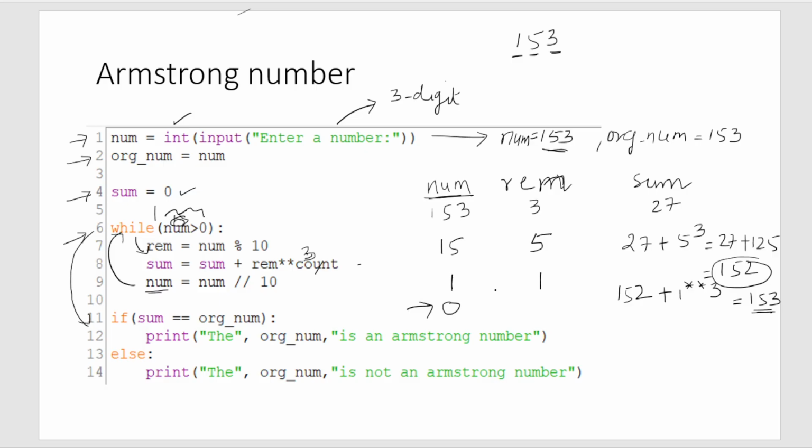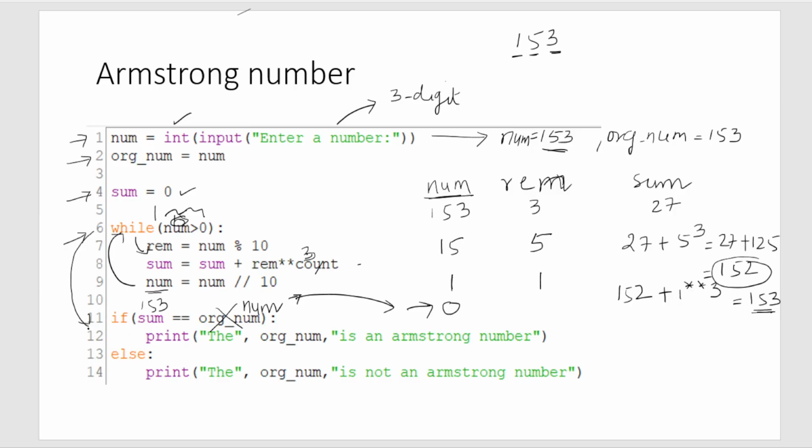Now understand, if we had used num here instead of the original num, the sum value was 153, that was correct, and the num value was 0. Even if this sum is the same as the original number, this if will never be true.